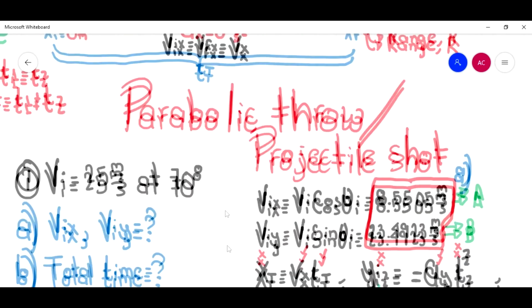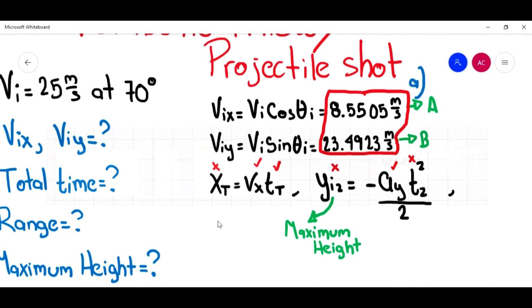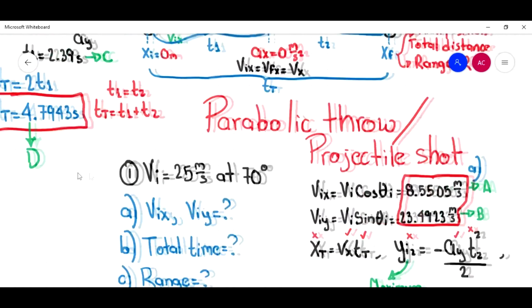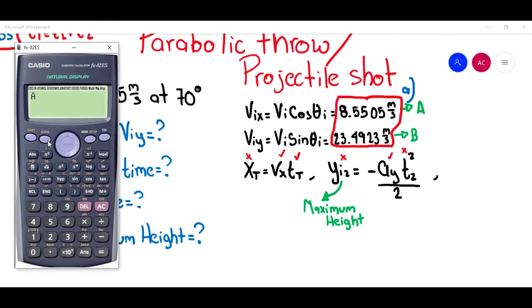Okay, so I'm going to return here and use this equation. Let's do it in the calculator. Bx, I got it in A. So alpha A times the total time, I got it in D. Total time times D, okay? So the answer will be the range.